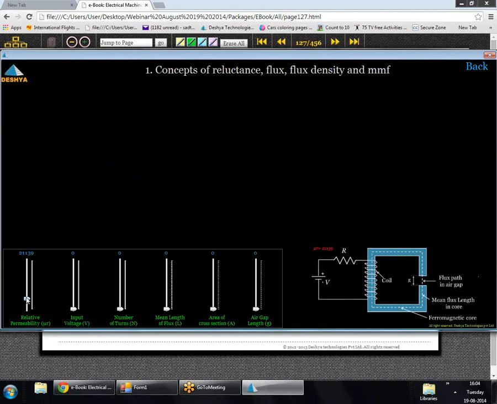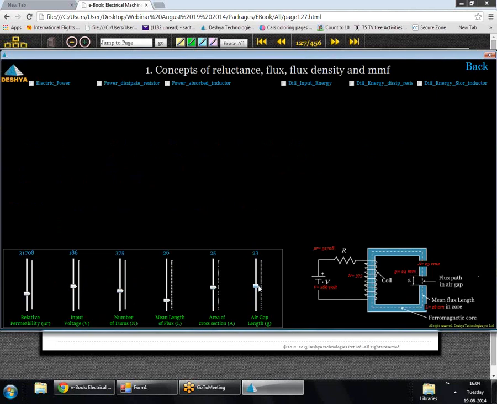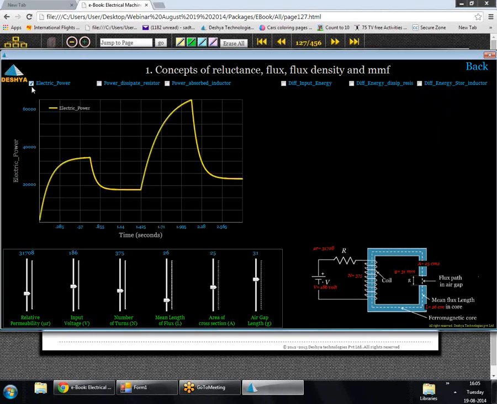Here we can change the relative permeability of the system, the input voltage, the number of turns, the mean flux path length, the area of the cross section, and the air gap. Once all the values are set, you can see on top that three different curves are shown on the left hand side and three different curve possibilities are there on the right hand side. Let's look at the input electrical power.